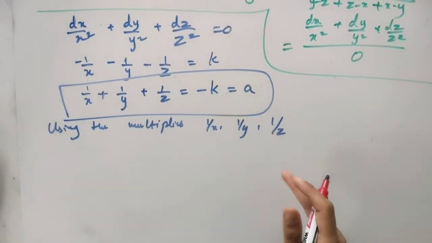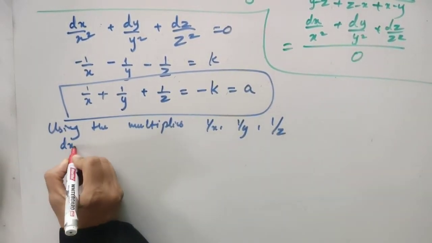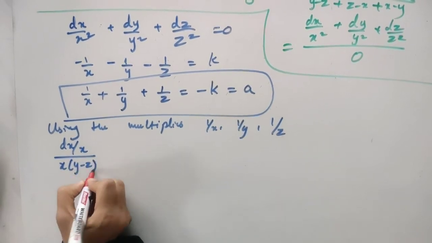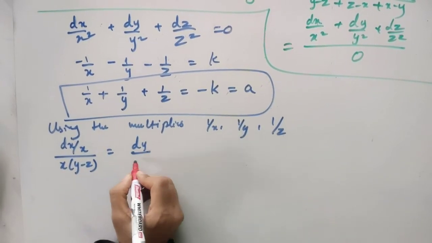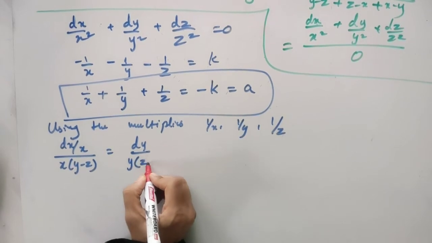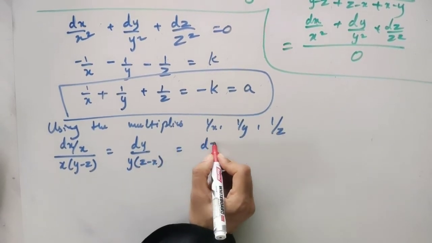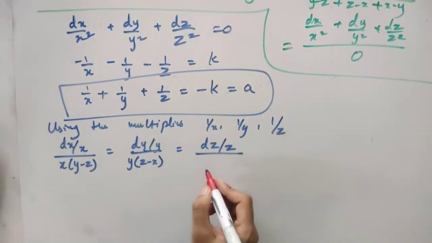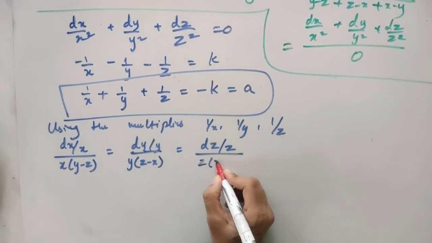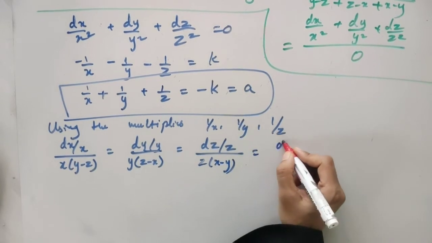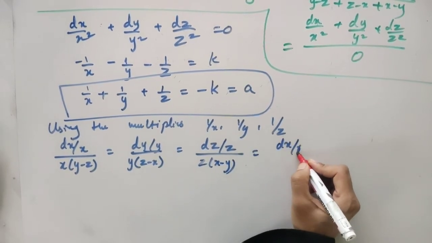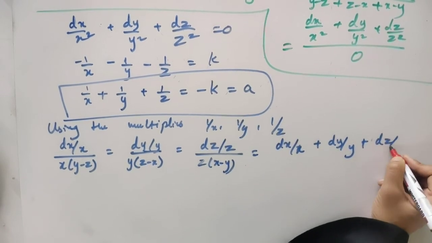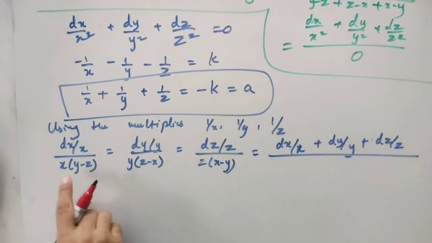Now with 1 by x, 1 by y, 1 by z, it will be dx divided by x into y minus z is equal to dy divided by y into z minus x, dz divided by z into x minus y, or all of that is equal to dx by x plus dy by y plus dz by z whole divided by addition of all these.